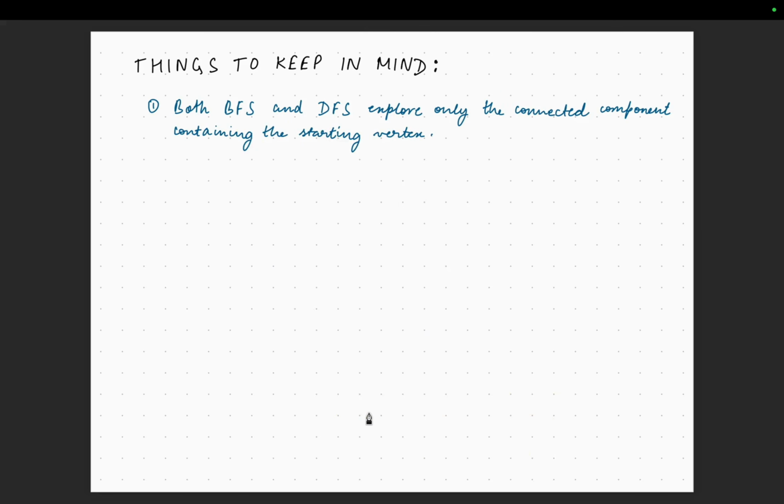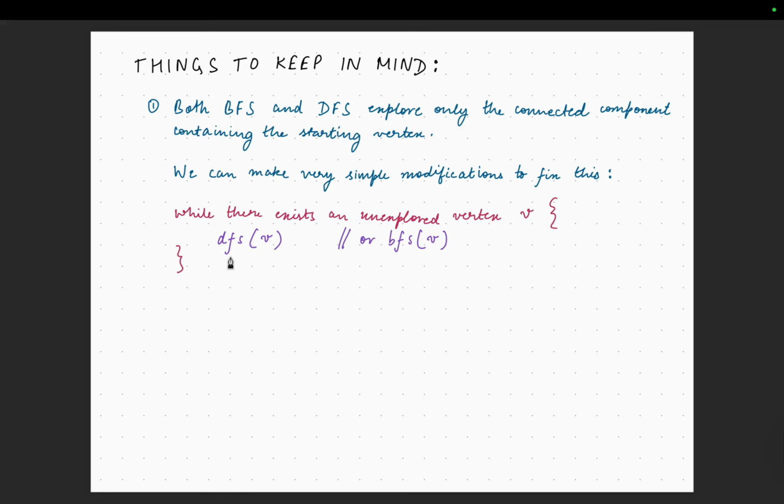So that was BFS. I hope you understood. But something to keep in mind while you use these algorithms is that if your graph is not connected, then both of these algorithms will only visit the connected component of the graph containing the vertex that you start with. However, you can make a pretty simple modification to fix this.